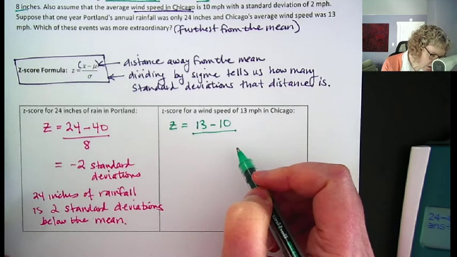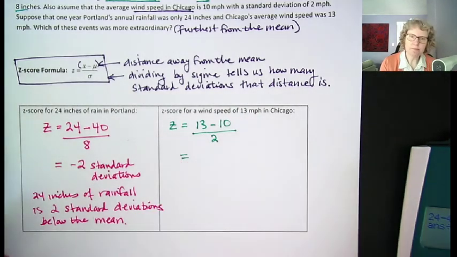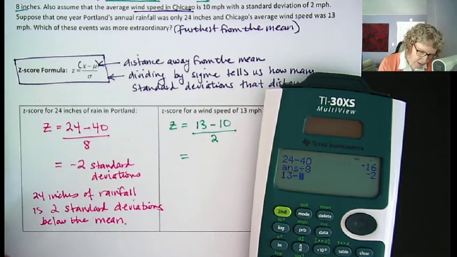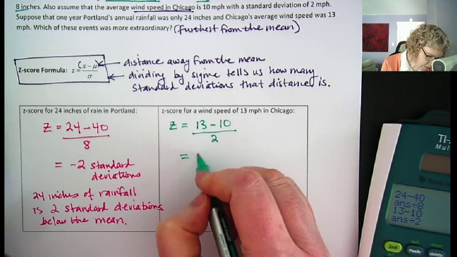And our standard deviation is 2 miles per hour. 13 minus 10, so that's going to be 3 above this time. That's why the order of the subtraction is really important, because it tells you positive is above and negative is below. So 3 divided by 2 is 1.5 standard deviations.